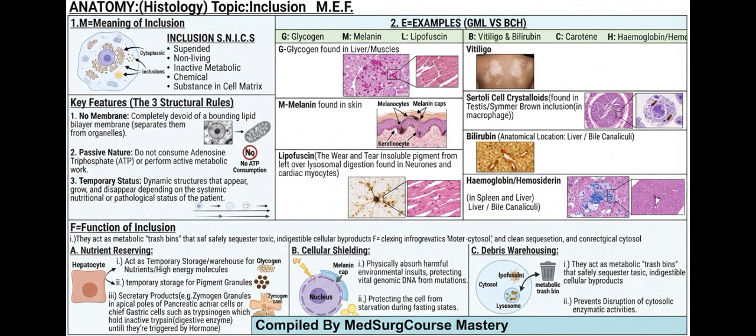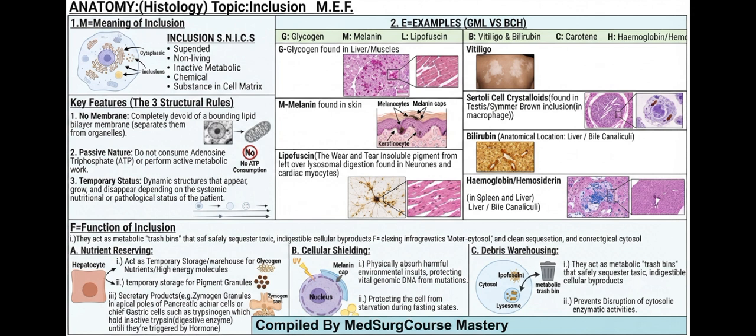Yes, inclusion SNCCs. How about for the example? GML versus BCH. Beautiful. Now let's add the third one. Functions of inclusion, which is NDC. All right, let's step into the meaning of each of those acronyms. Don't forget inclusion. You understand it as simple as 1, 2, 3 letters or acronyms.